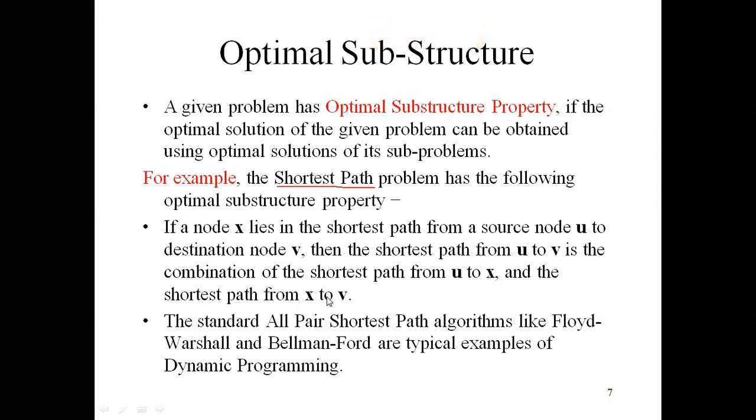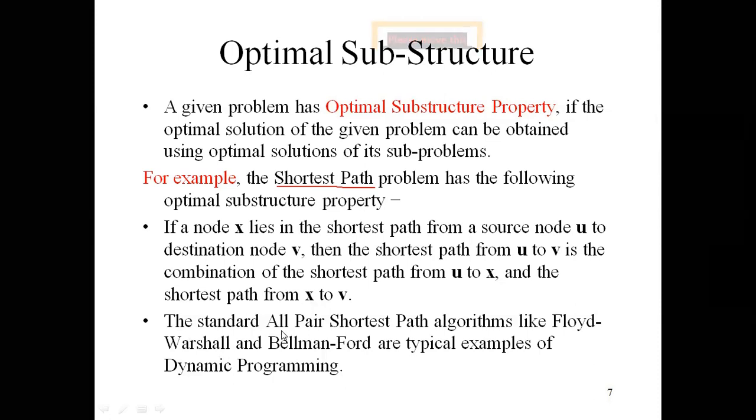So Yeluru to Hanuman Junction to Vijayawada. There are two paths. If there is a shortest path from Yeluru to Hanuman Junction, and a shortest path from Hanuman Junction to Vijayawada, then there is a shortest path from Yeluru to Vijayawada. In this way, we consider the shortest paths.